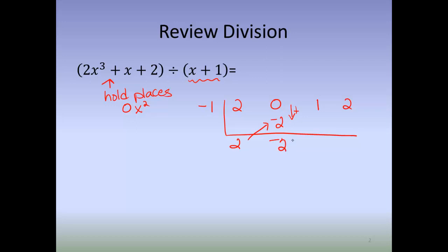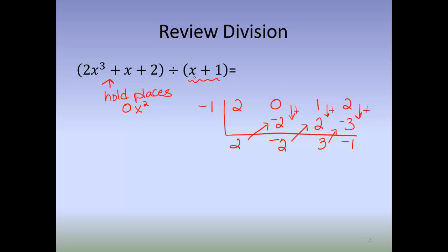So negative 1 times 2 is negative 2, add going down, 3. Negative 1 times 3 is negative 3, add going down, and that's negative 1. Now that's just the work to provide your answer. We need the answer to this division, and what we have left here are the coefficients of our answer.